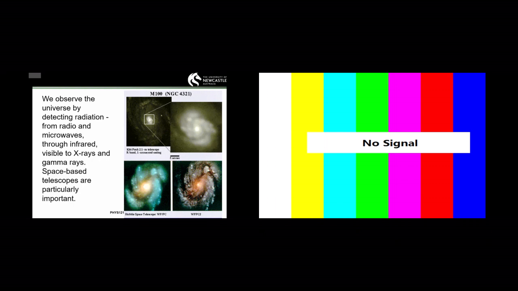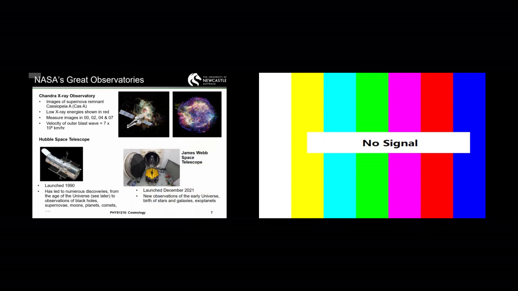And looking at these different wavelengths gives us views of the various kinds of different objects that are out there. The scale and cost of these telescopes means that they tend to be associated with one of the major space agencies in the world.